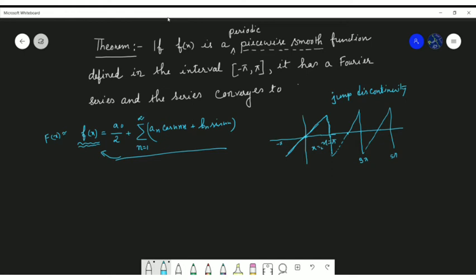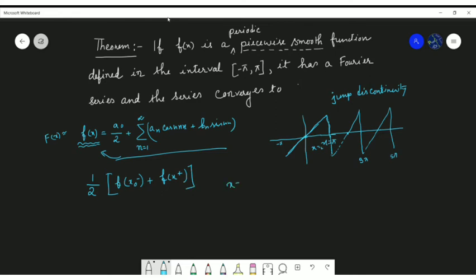It will converge to the value that was written there, the average of the right hand side and left hand side limits, which we have to take.